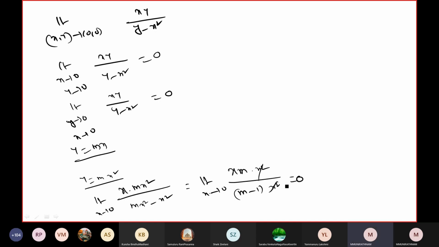If we put y equal to x, or x equal to my, then y into y by y minus. Okay, fine. He said limit does not exist. How is it not existing? It exists, it keeps coming.